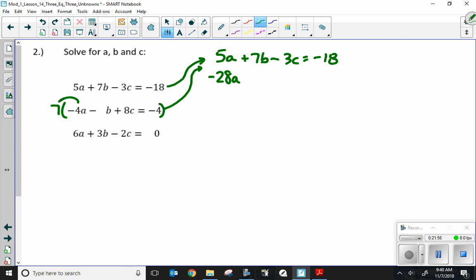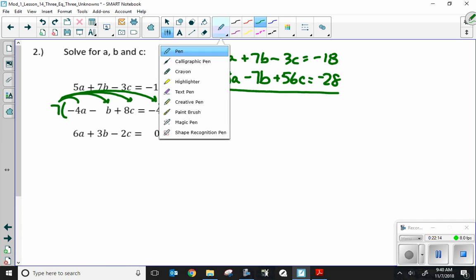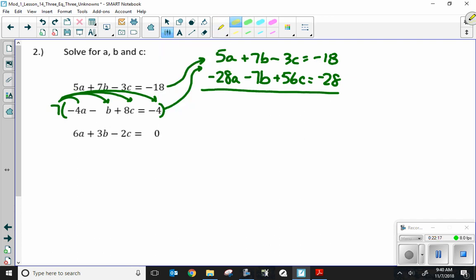And let's be careful here, okay? Minus 7b plus 56c equals negative 28. Now, my b values have the same number in front of them.